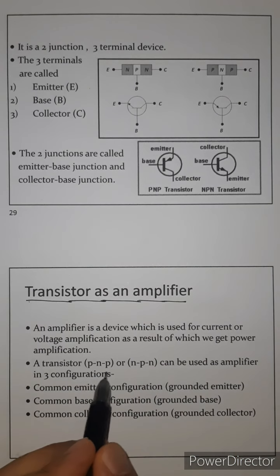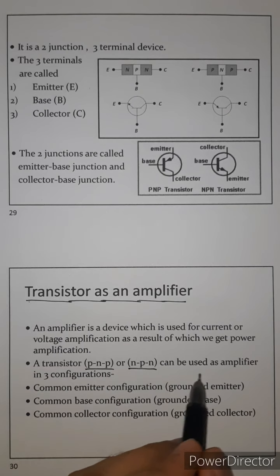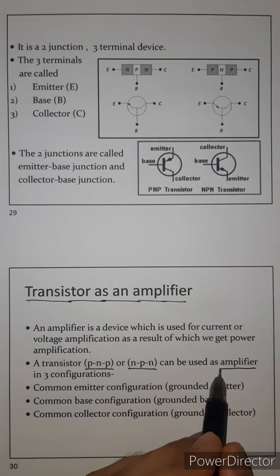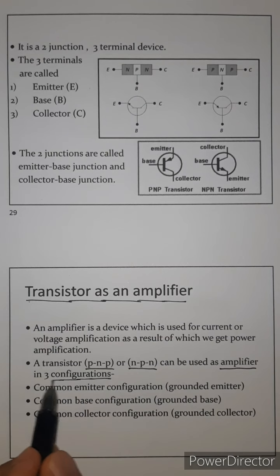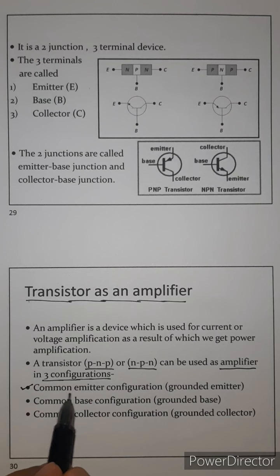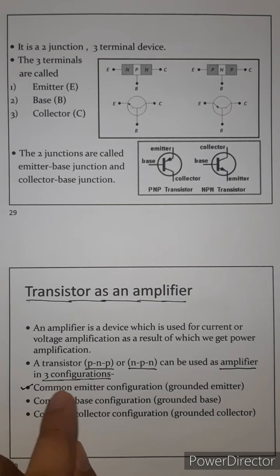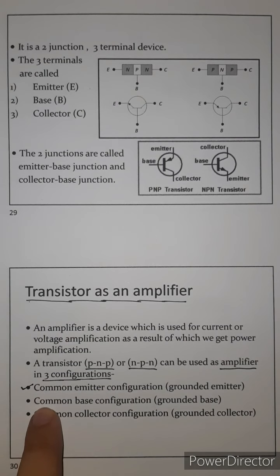Any transistor, whether it is a PNP transistor or an NPN transistor, can be used as an amplifier in 3 configurations. What are these 3 configurations? The first configuration is common base configuration, also called CB configuration. The second configuration is common emitter configuration.